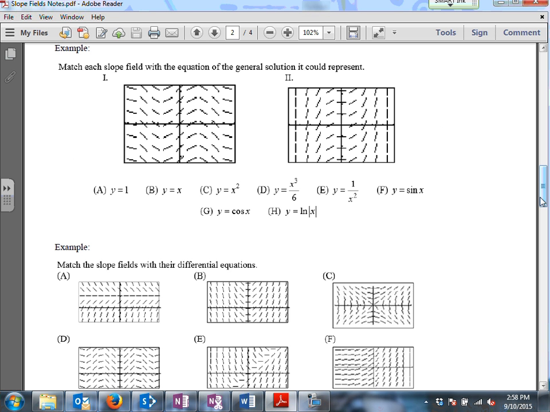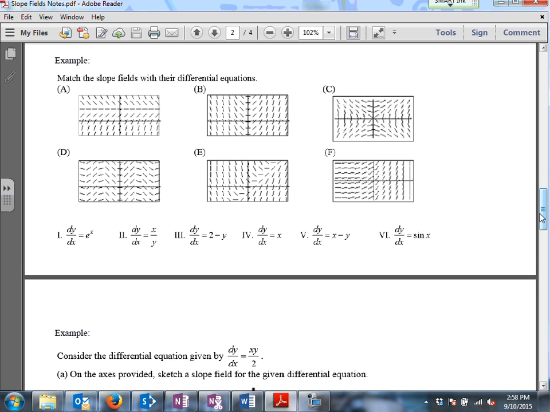Now, if we have graphs and derivatives, we have to think about what it would look like when we plug values in. So the first one I want to point out is this x right here. What is something we should look for to find the one that's dy dx equals x? Our columns should all look the same, right, of x values. And which one would that be?